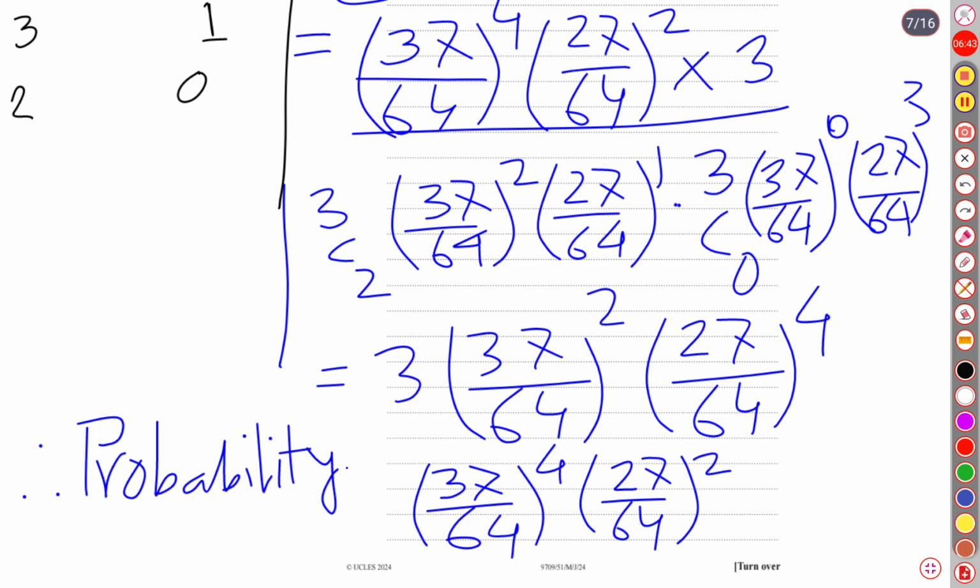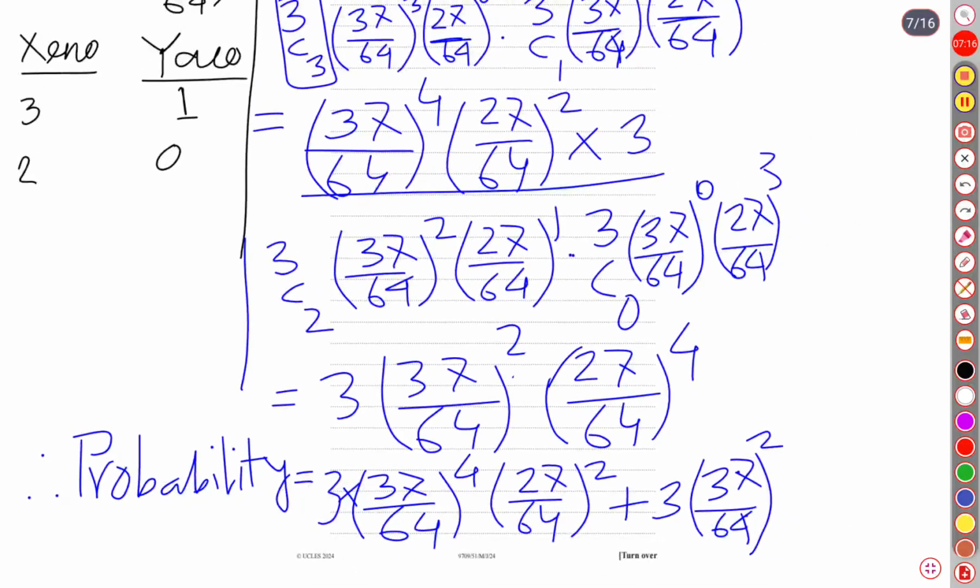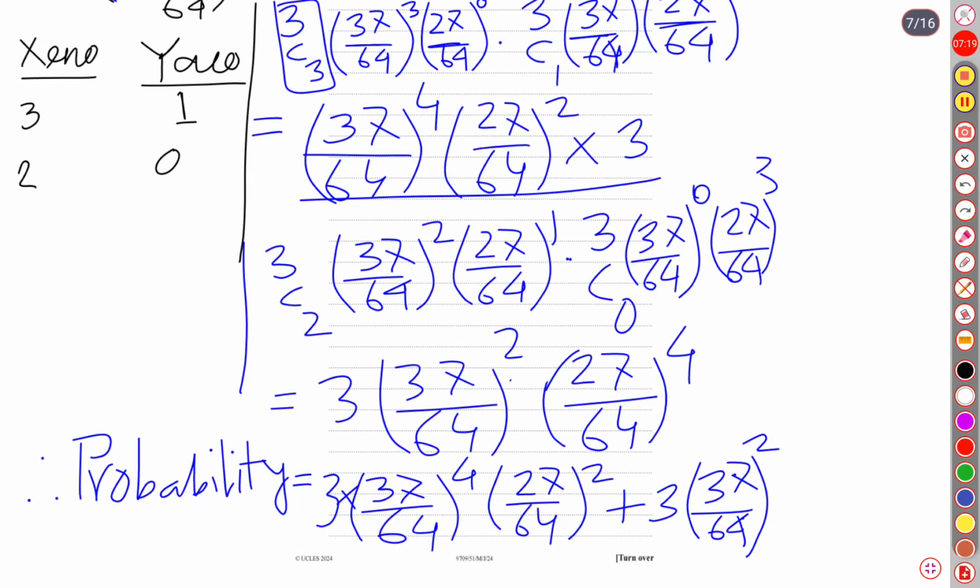So here we will write 3 into this, and plus for the second case, 3 into 37 over 64 raised to 2, and 27 over 64 raised to 4.